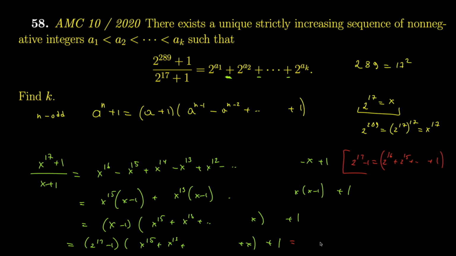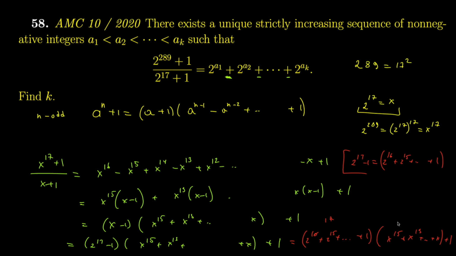So what we have here is 2 to the 16, 2 to the 15, like this, and then x to the 15, x to the 13 up to x and plus 1. So we have here 17 terms, all of them powers of 2.